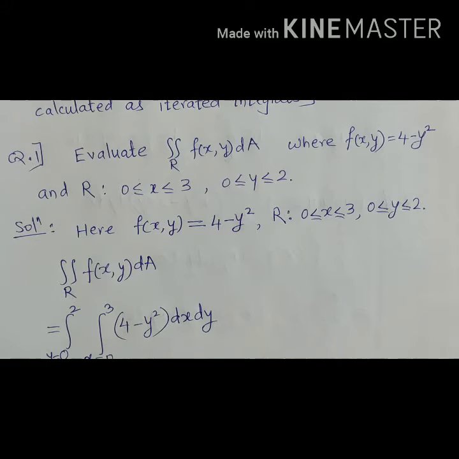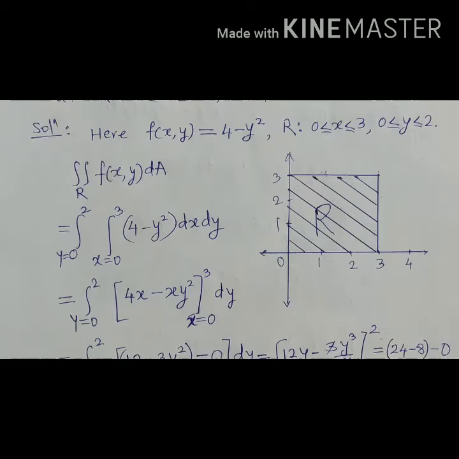We have written down f, then we have written down the region. So here you can see the rectangle R. The x variable is bounded by 0 and 3. The y variable is bounded by 0 and 2.